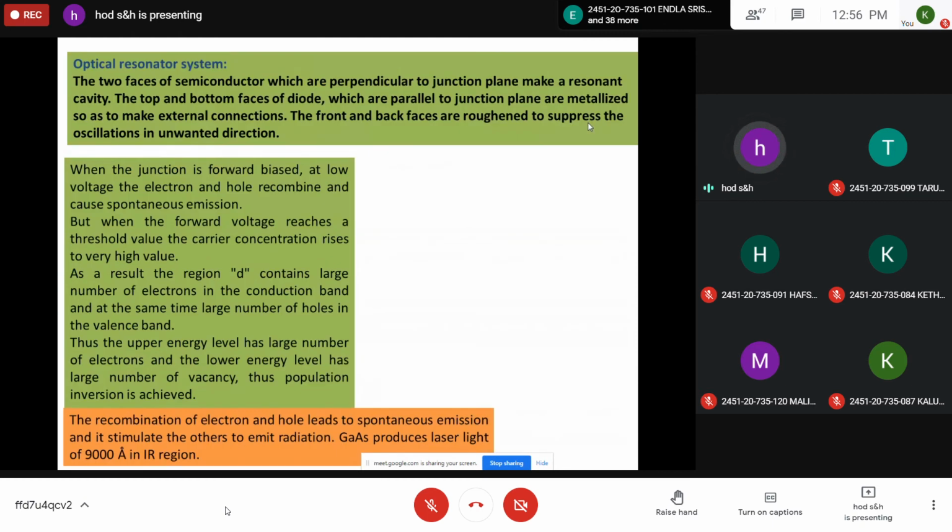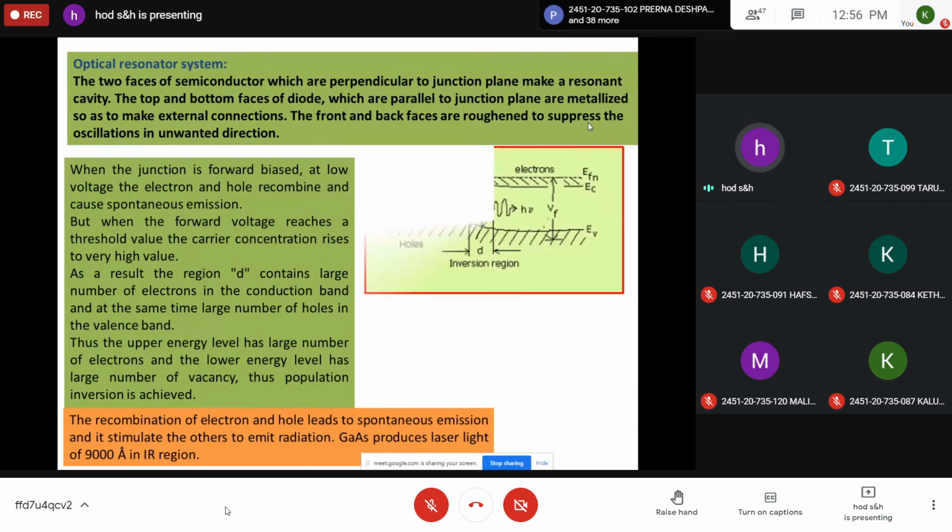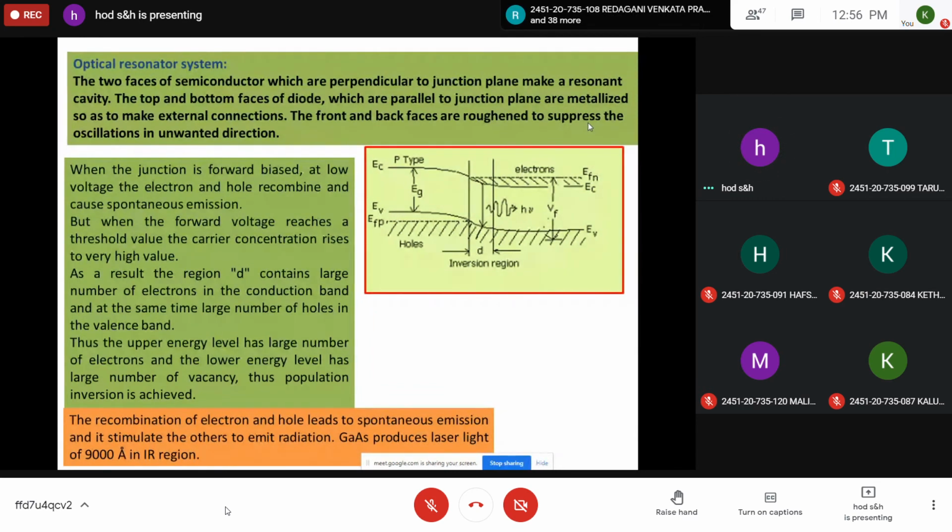When a small voltage is given, small recombination takes place as spontaneous emission, and very few photons are released. But when a high voltage is given, the recombination becomes fast, because more electrons will be in the conduction band and more holes at the top of the valence band, and population inversion is achieved.